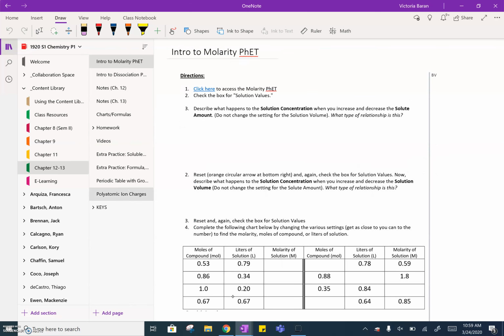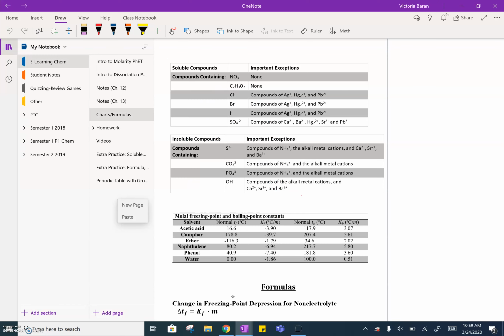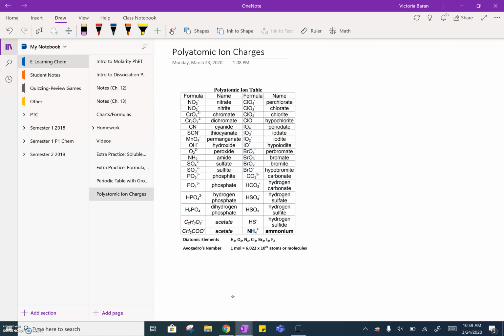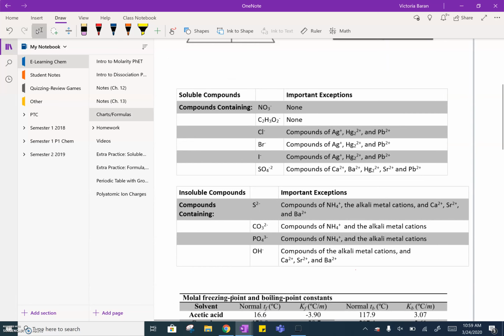In the content library, there's actually two periodic tables that you have. One is the charges for each of the groups, and the other is the backside of your physical copy of the periodic table that has the polyatomic ions on it. So you will have to use both of these as well, in addition to using this chart for solubility.